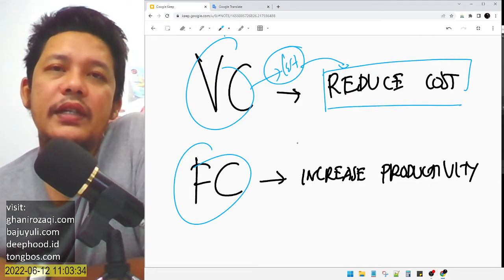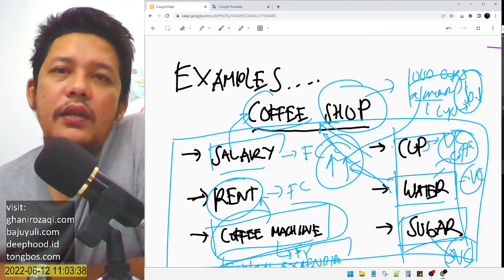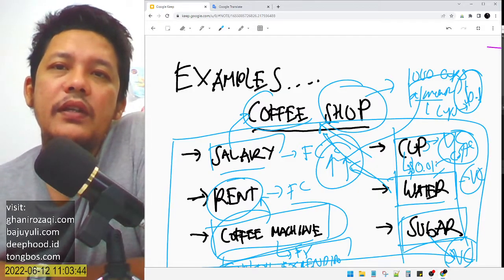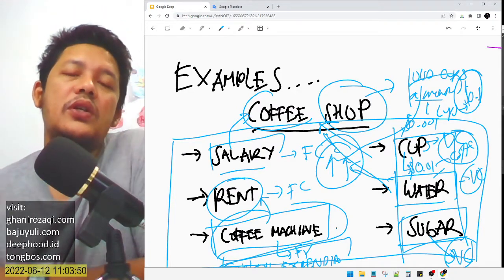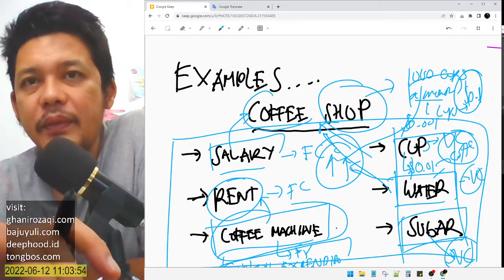Let's say the cup: in the first place you ordered the cup for $0.1, and then you can reduce it to 0.05 per cup. That reduces the variable cost.